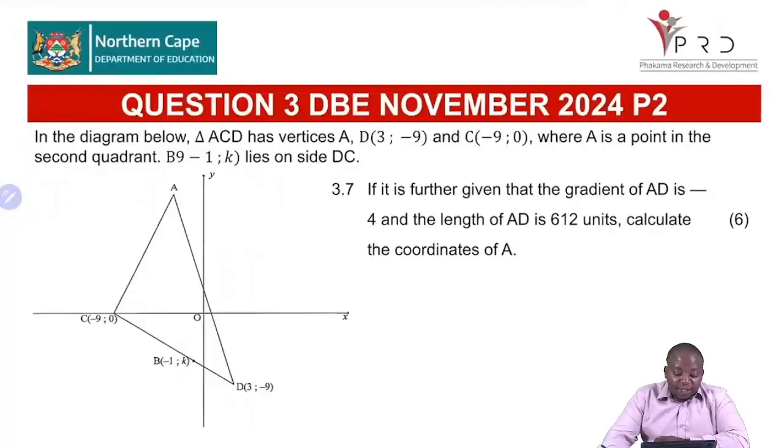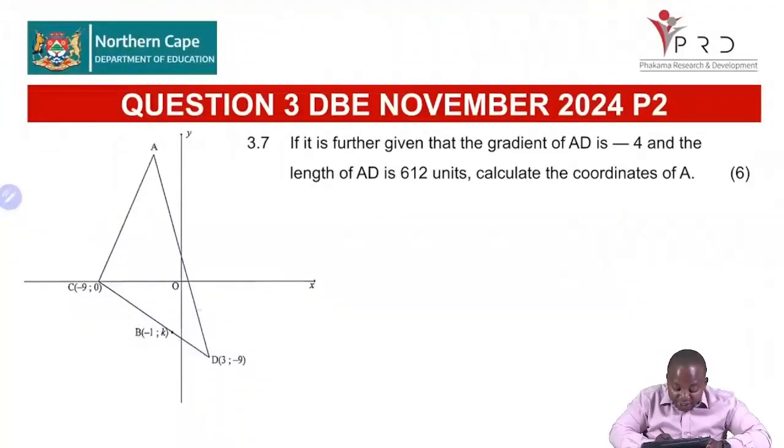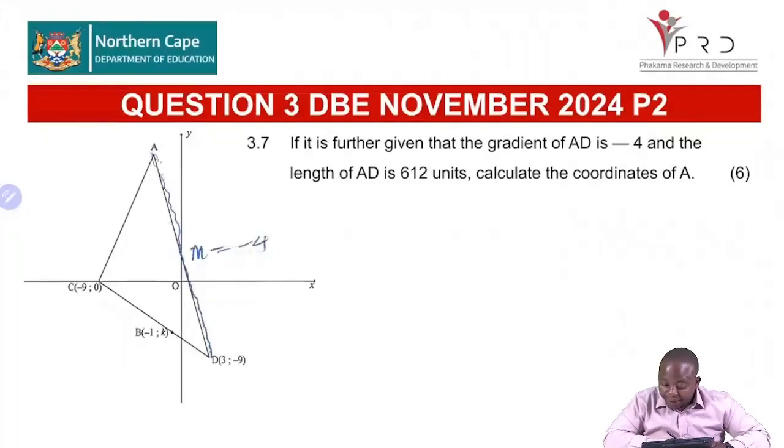Welcome back, grade 12. Let us look at 3.7. 3.7 reads as follows. It is further given that the gradient of AD is negative 4 and the length of AD is 612 units. Calculate the coordinates of A. Let's proceed to this question. So we are told that the gradient of this line is negative 4, and we are given the length.